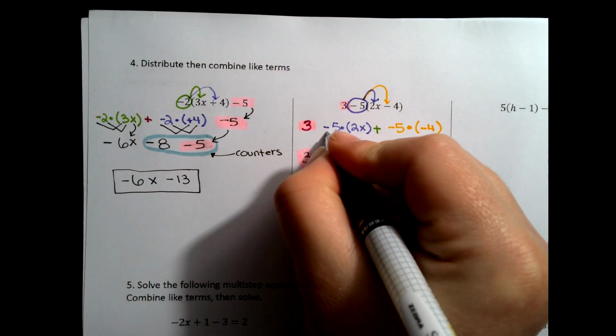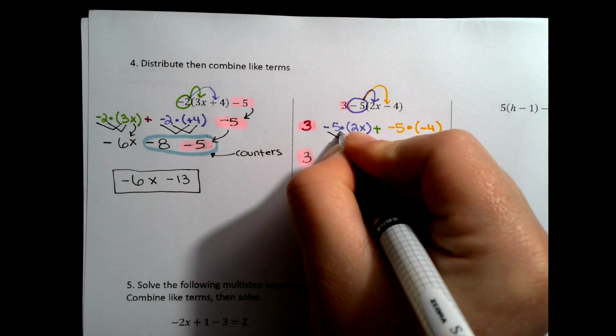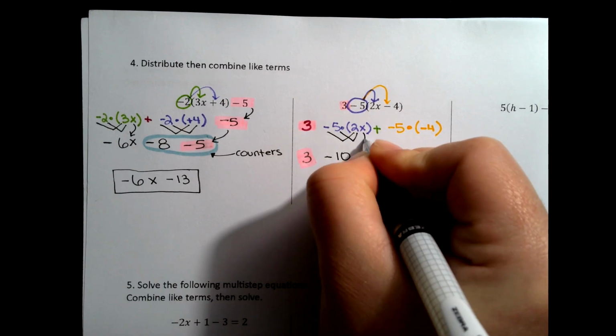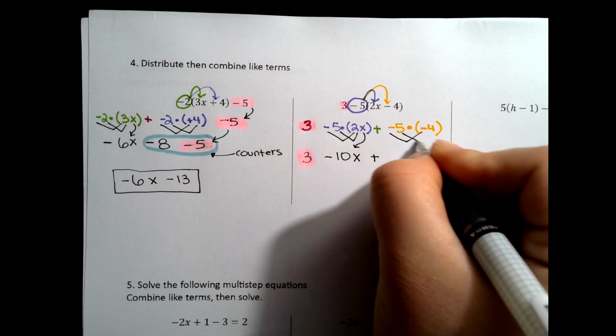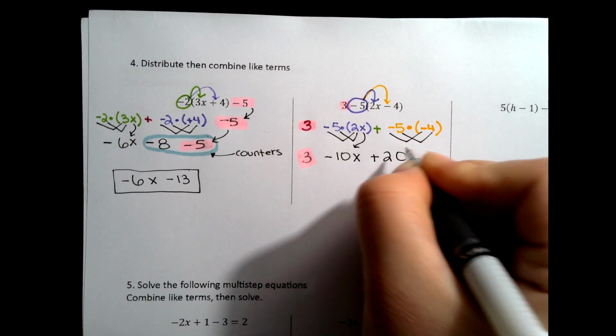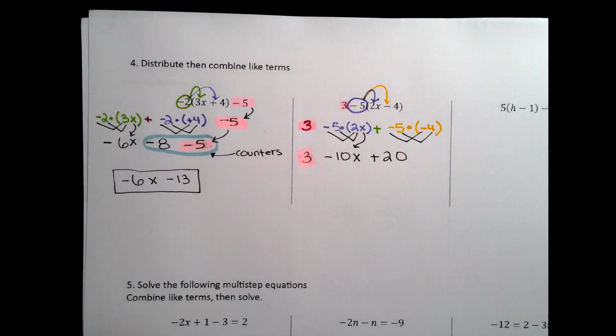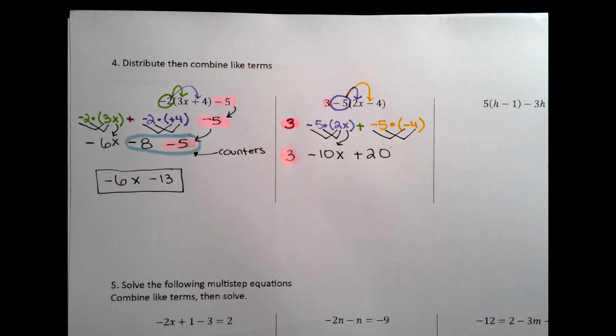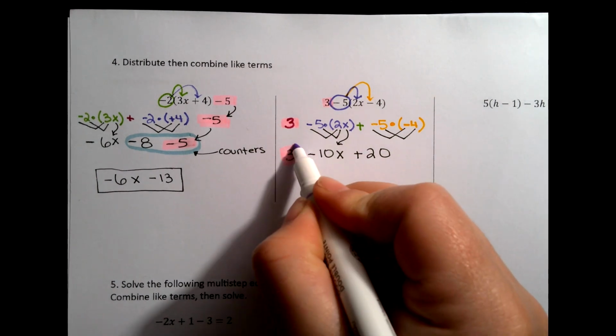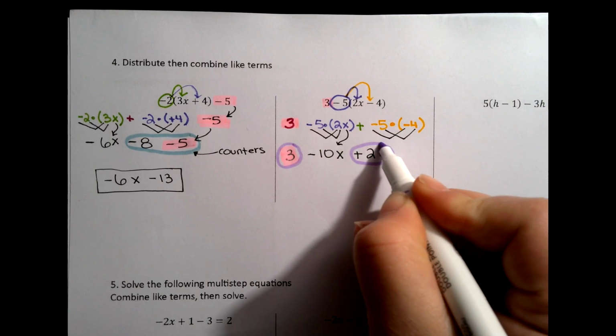And we're going to multiply here. Negative times a positive is a negative. 5 times 2 is 10. Do I have a letter? Yes, X. Negative times a negative is a positive. 5 times 4 is 20. Same as before, there are going to be like terms for you to combine in this step. So we're looking for things that either have the exact same letter, so X is our letter, or terms that don't have any letters at all. 3 does not have a letter, and +20 does not have a letter.